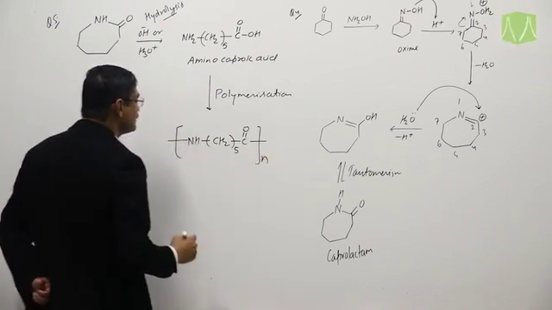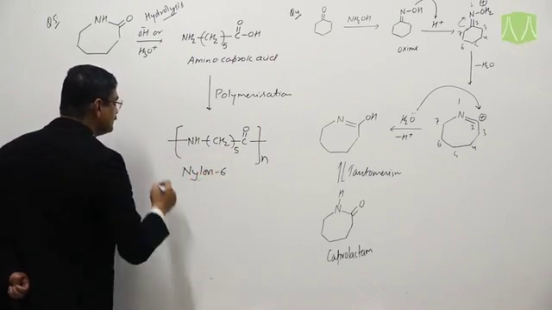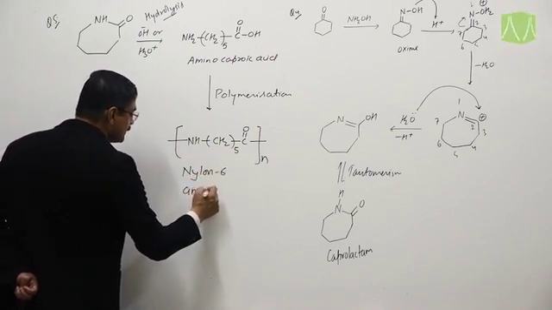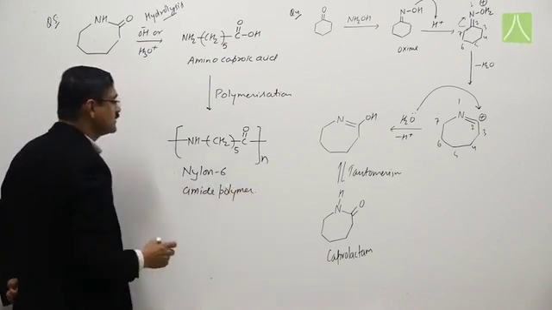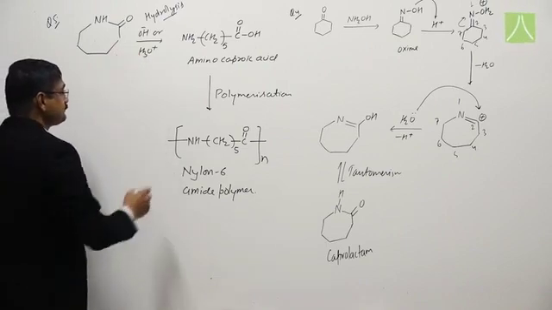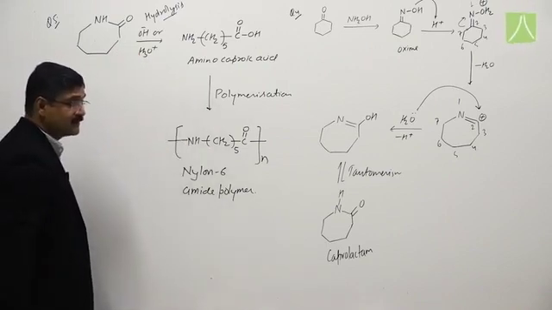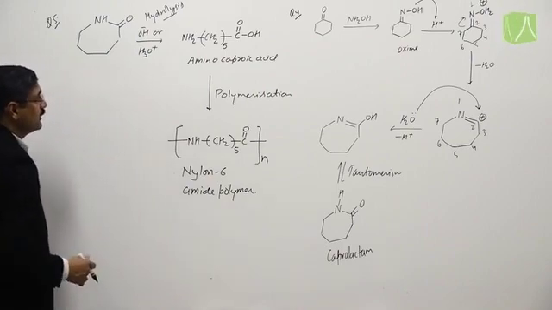This polymer is obtained, and this is the nylon 6 amide polymer. So this is the extension of caprolactam. Caprolactam on hydrolysis is converted into aminocaproic acid, then on polymerization it is converted into nylon 6. It is a synthetic polymer.